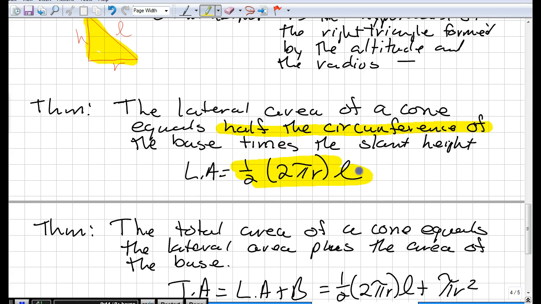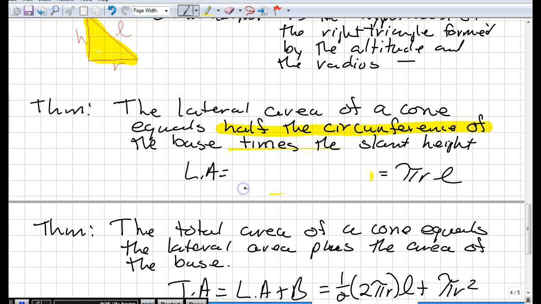So we get this formula for lateral area, but notice that that reduces down to pi r L. Okay, I prefer remembering this because it reminds me of where it came from.